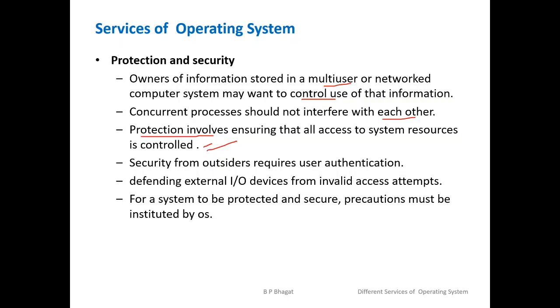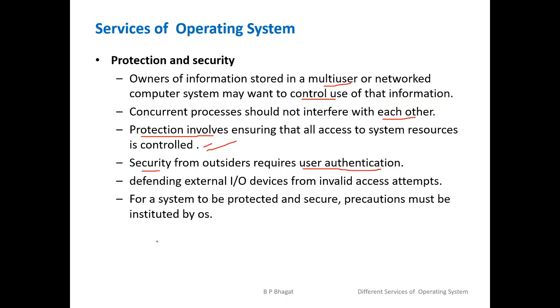Another service is security. Security of the system from outsiders requires user authentication. This can be provided by means of a proper, strong password to gain access to system resources.